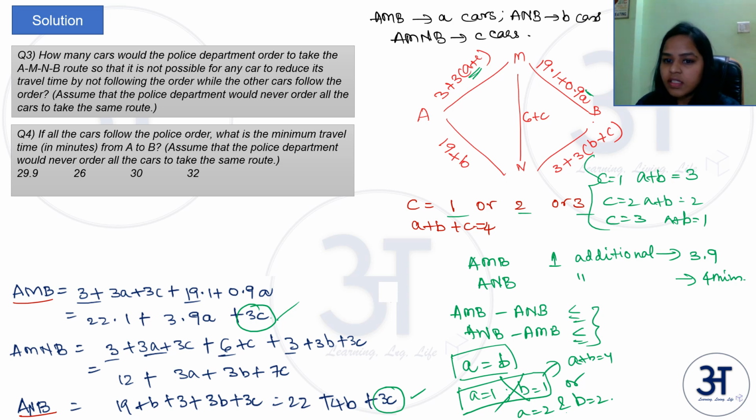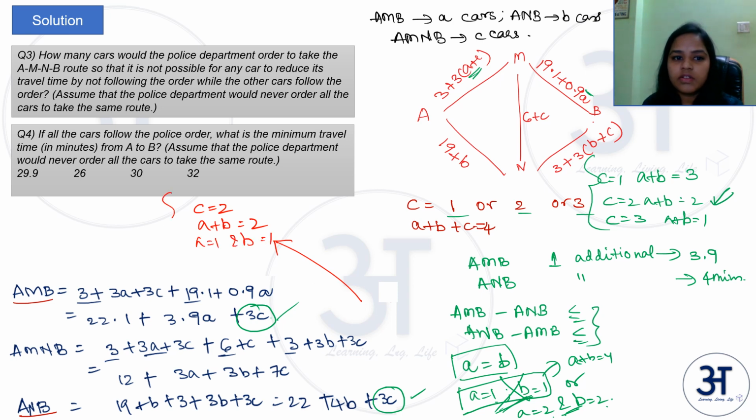So in this case, whatever we get from these two inequalities, either A equal to 1, B equal to 1, or A equal to 2 and B equal to 2. So the case which holds good is where we get C equal to 2, A plus B equal to 2, and from this inequality we get A equal to 1 and B equal to 1. So the solution for this is A equal to 1, B equal to 1 and C equal to 2.